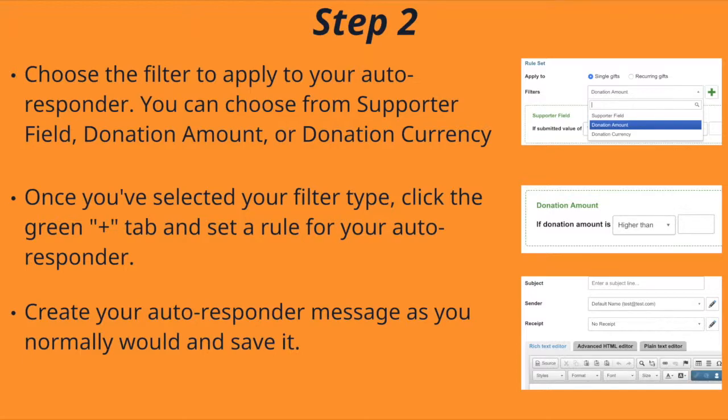So if you have your mid or high dollar donors and you want to send a different thank you message, you can do that. So here you'd say, I've selected the donation amount as my filter, and I'm telling EN that if the donation amount is higher than X, this is the custom autoresponder I want this recipient, this donor to receive. You'll create your autoresponder message the same way you would for any autoresponder.